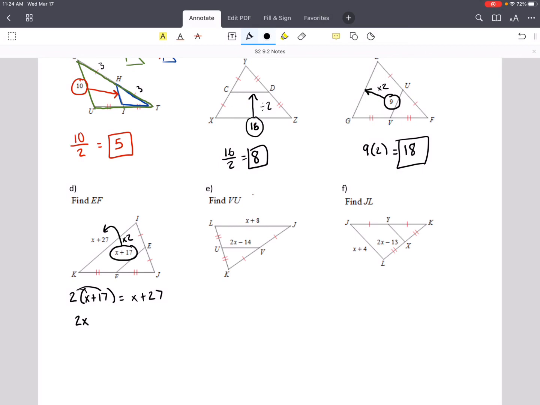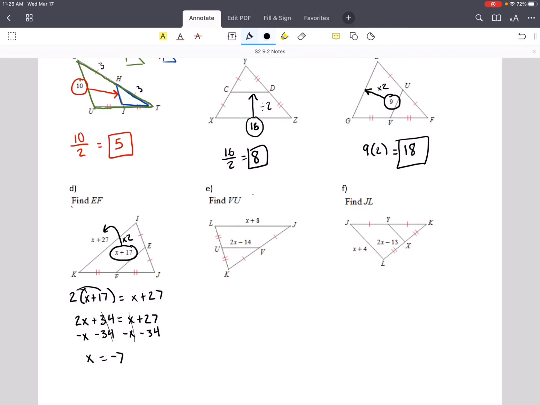2 times 17 is 34. Can just minus x. And I'm going to minus this 34 as well, because those cancel, those cancel. 27 minus 34 is -7.